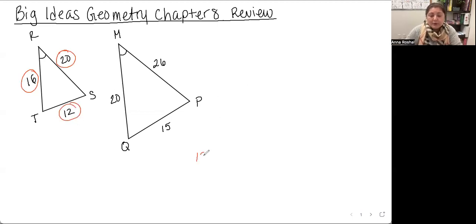So for example, 12, 16, and 20. And then we do the same thing with the other triangle, the bigger triangle. We put those in order from least to greatest, 15, 20, and 26.